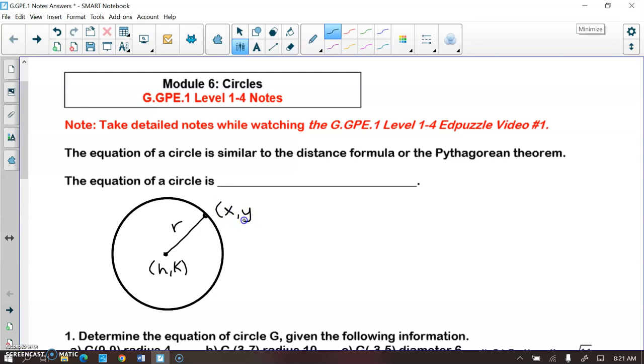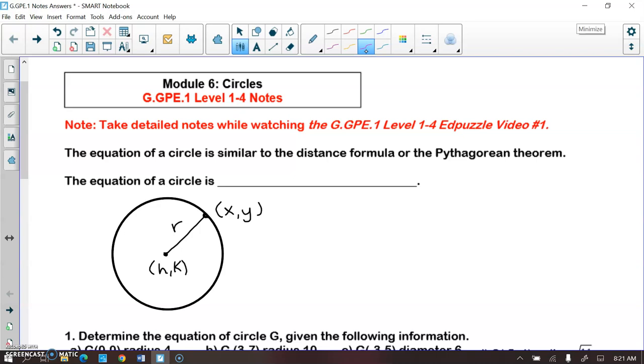Now, the equation of a circle formula is derived from, you can think of either the distance formula. The distance formula is related to the Pythagorean theorem. Let's relate it back to the distance formula right now. So, if I wanted to find the distance between the center of the circle and (x, y), which is a point on the circle, the distance between those right now is r.